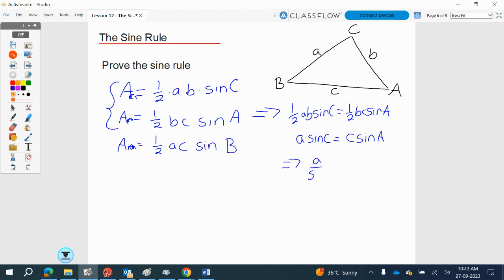Let's rearrange it a little bit. A over sine A is equal to C over sine C. And this is a part of the sine rule. I could repeat that calculation for each of the three pairings and come up with an equivalent one. So I'll just say repeat for each pairing.